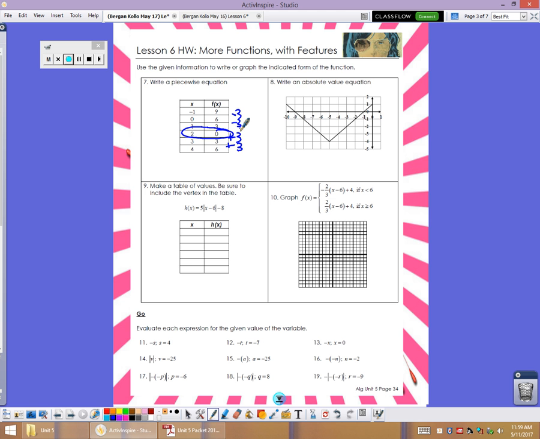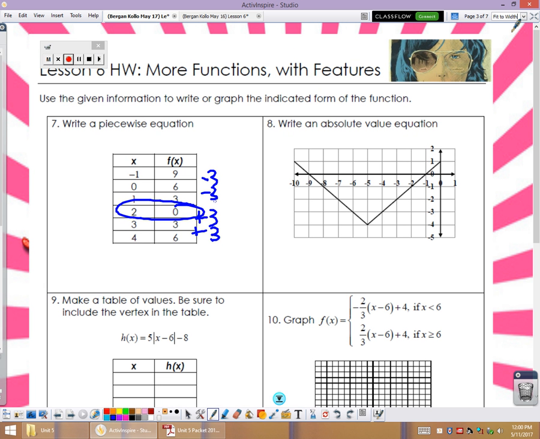All right, perfect. So that means for me, I'm going to have a piecewise function. So I'm going to have 2 pieces. The vertex is 2, 0, so my h, k is 2, 0. My a value, it's not going up by 1. It's going up by 3.